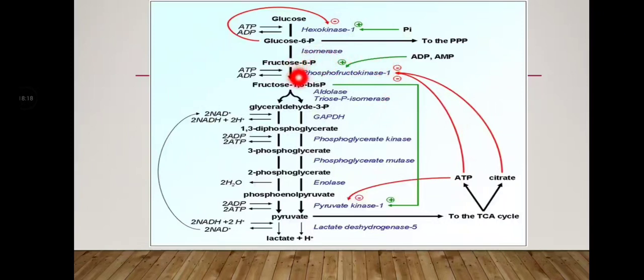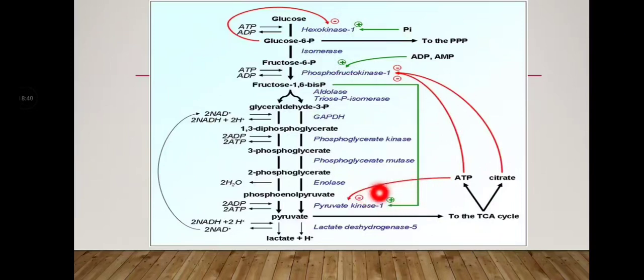The next regulatory step, the final step, converts phosphoenolpyruvate to pyruvate. This enzyme, pyruvate kinase, is inhibited by ATP, but stimulated by fructose 1,6 bisphosphate.